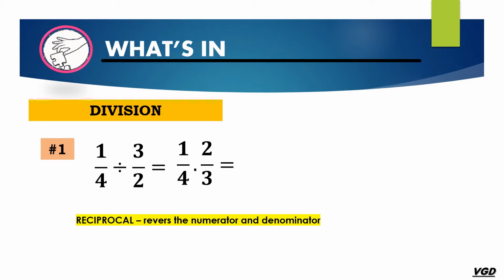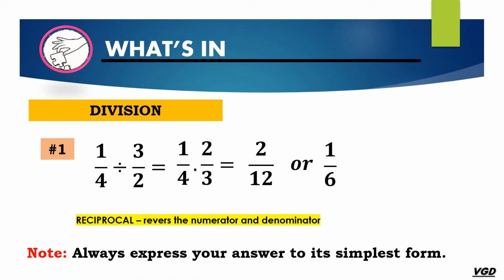Then, applying the rule in multiplying fractions, multiply numerator to numerator, then denominator to denominator. So we will have 1 times 2 is equal to 2, and 4 times 3 is equal to 12. And we can still simplify 2 over 12, so we will get 1 over 6.